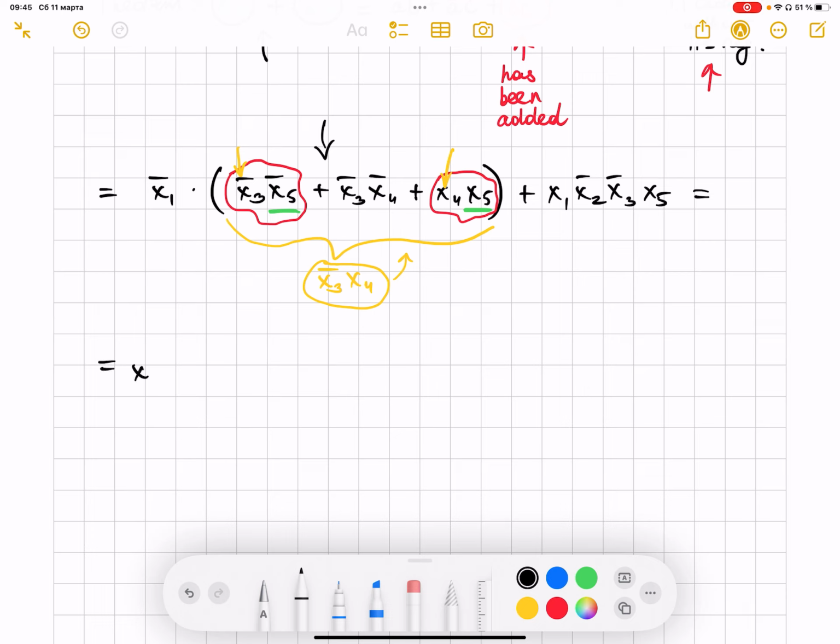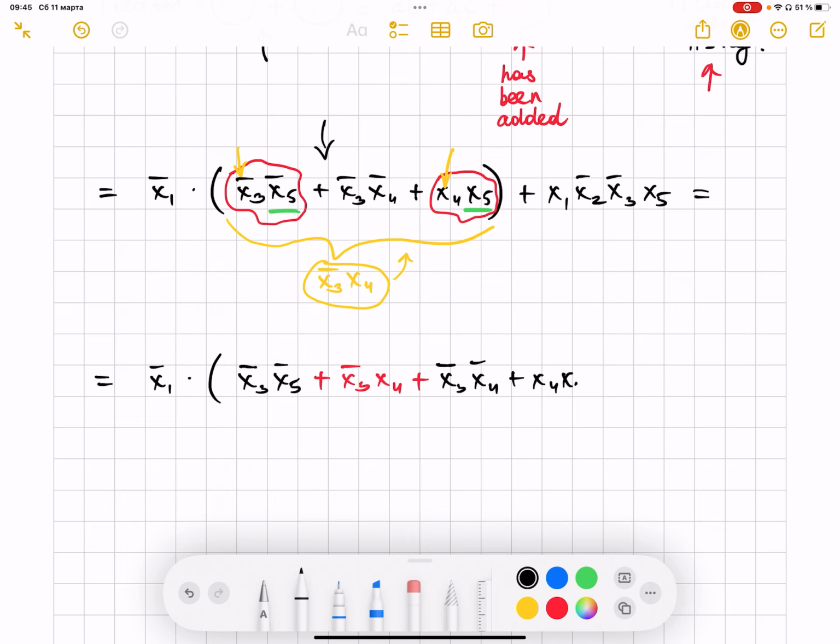So x1, I'm adding the new element, plus x3 bar, x4. Okay, let's continue. Let's put here plus, and continue in black, x3. I'm rewriting the remaining part.